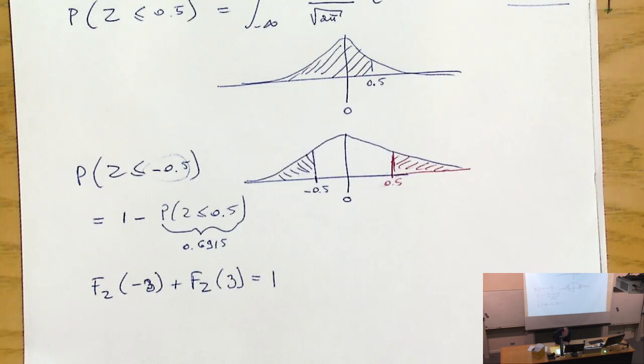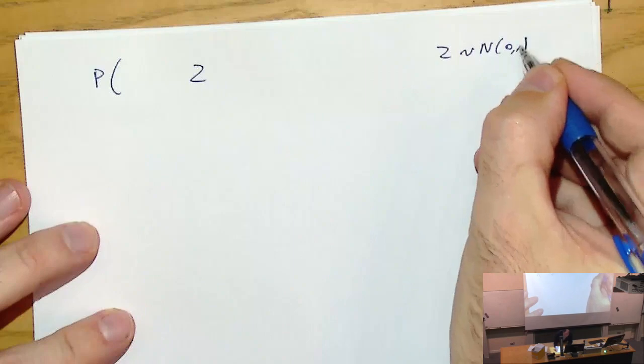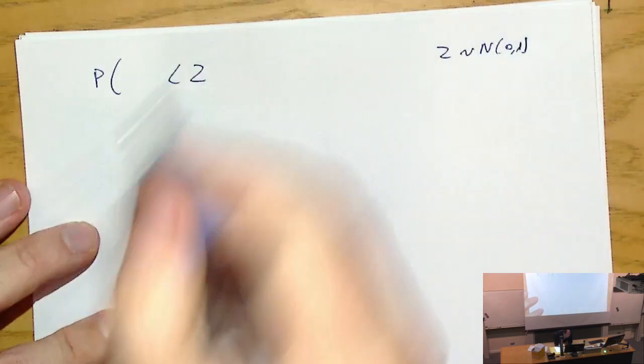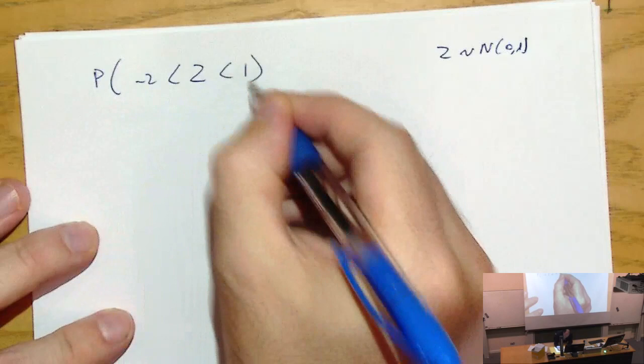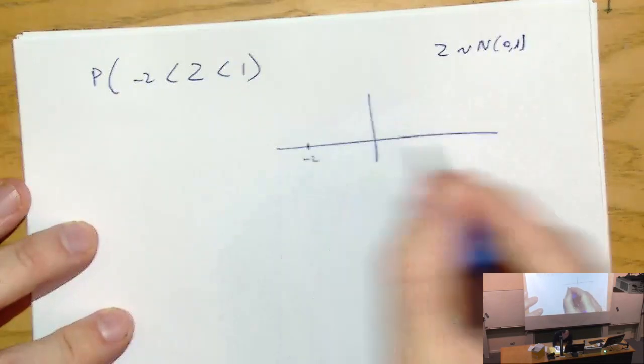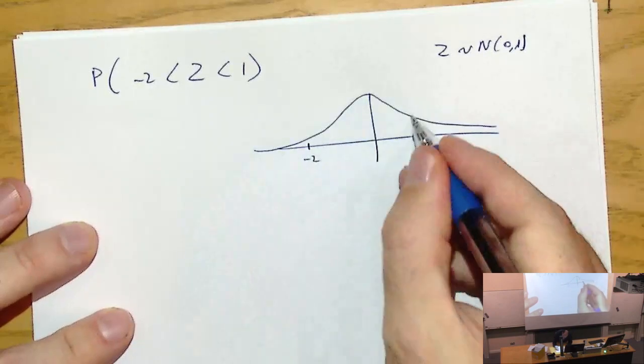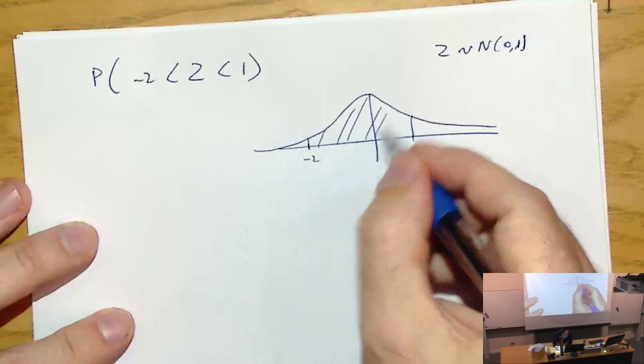Good. So what if I have another example to compute a probability? I still have a standard normal random variable, but I'm looking at the probability of Z that is between minus 2 and 1. So I have minus 2 here, and I have 1 here. I have this distribution like this, and I'm looking at this area, right?